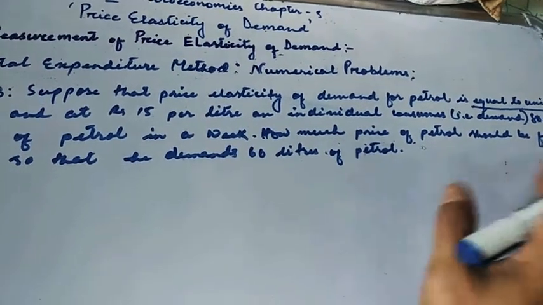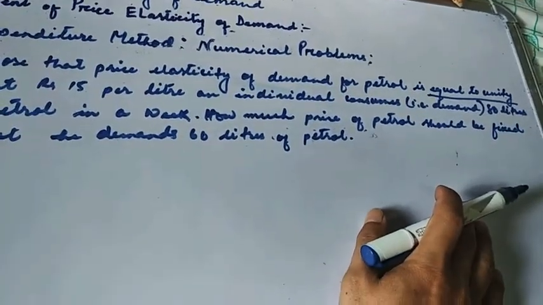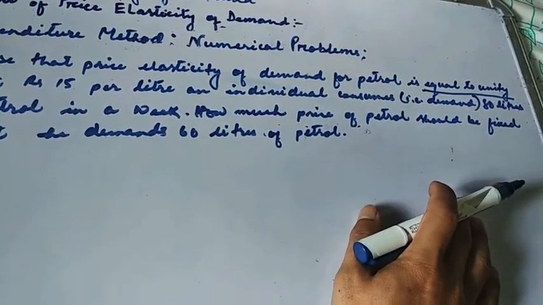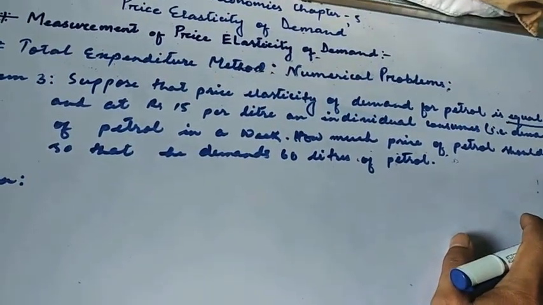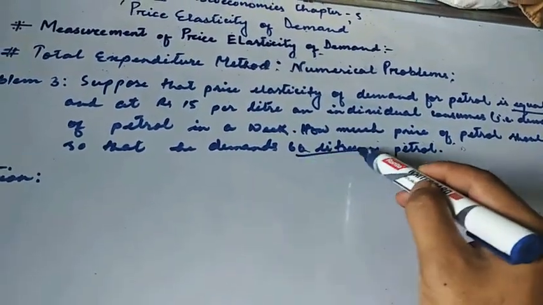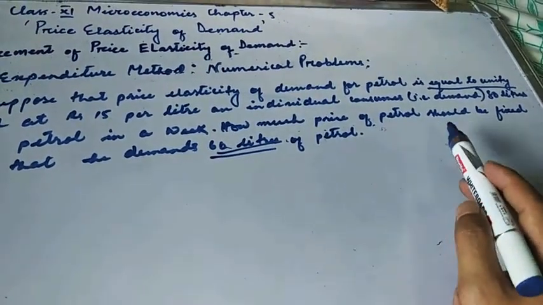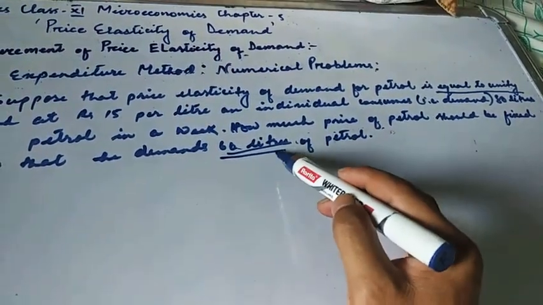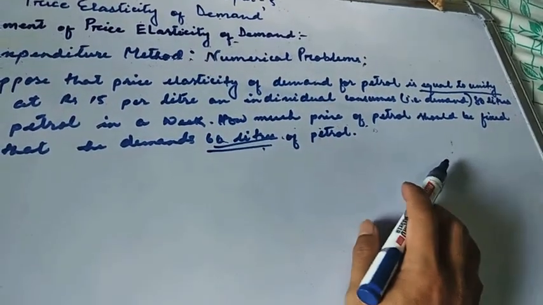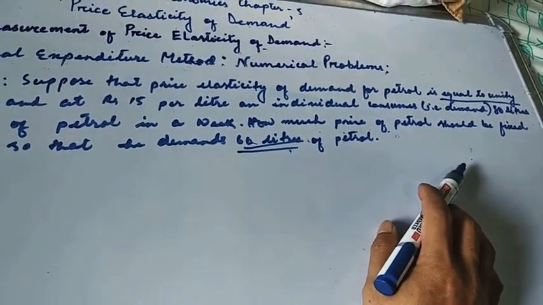So that is given. What we have to find out is how much the price of petrol should be fixed at so that he demands only 60 liters. In order to make him reduce his demand from 80 liters to 60 liters, at what level should we fix the price?